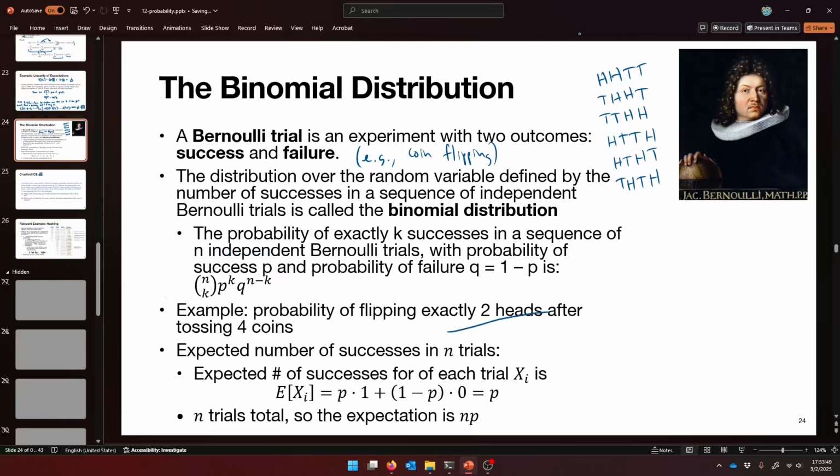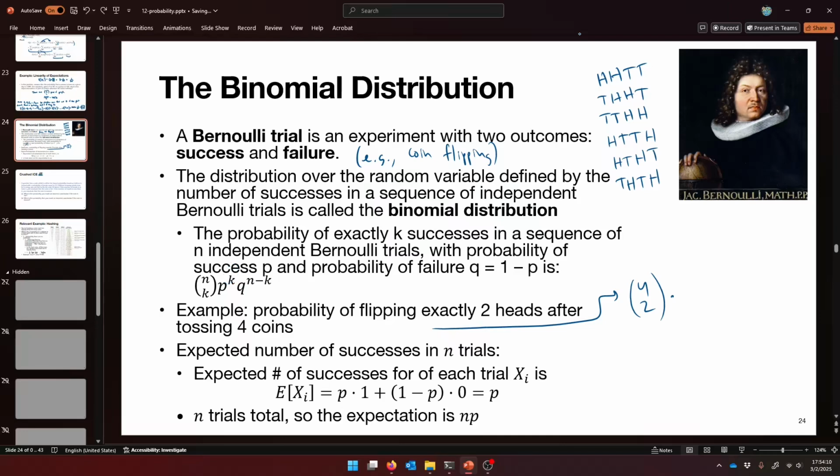You can say, all right, if I'm tossing 4 coins, I want 2 heads. Let's say that heads is success, tails is failure. Doesn't really matter because it's 2 of each. But it's going to be 4 choose 2, right? 4 choose 2 times the probability of success to the number of successes.